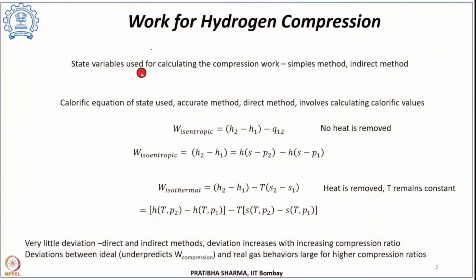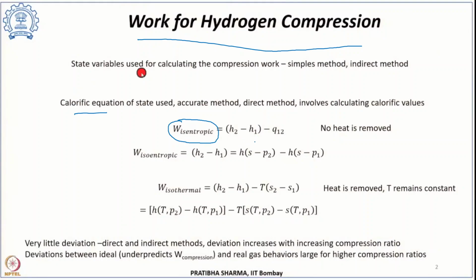And this is important, work done for the hydrogen compression. Earlier it was in terms of the state functions of the molecules. Now you can also calculate the work done for the isentropic process in terms of calorific equations, which means H1 minus H2.